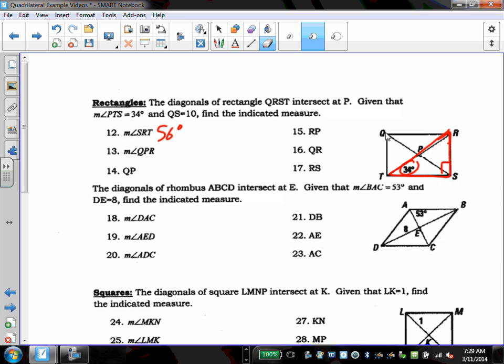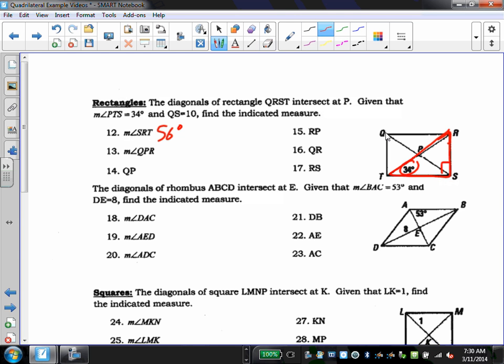So now we need QPR. Okay, well, since we know that this is 56 degrees, then we know that the other side of it is also 34 degrees.